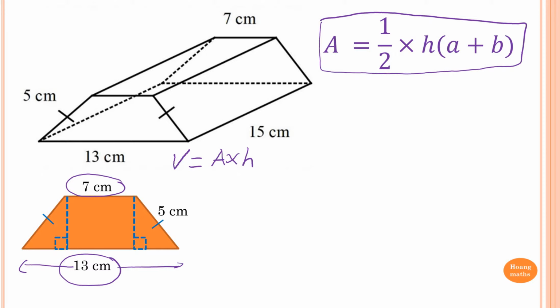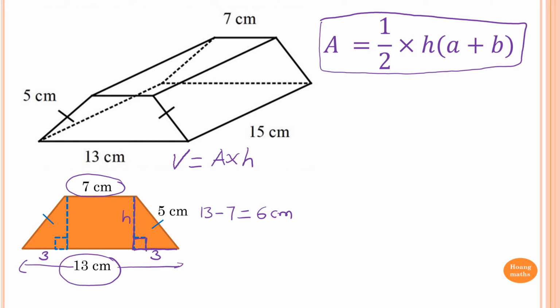If this is 7 centimeters and this is 13, we work out h by going 13 minus 7, which is 6 centimeters. Therefore, this must be 3 centimeters and 3 centimeters here, because 6 divided by 2 is 3. Just focus on one triangle.